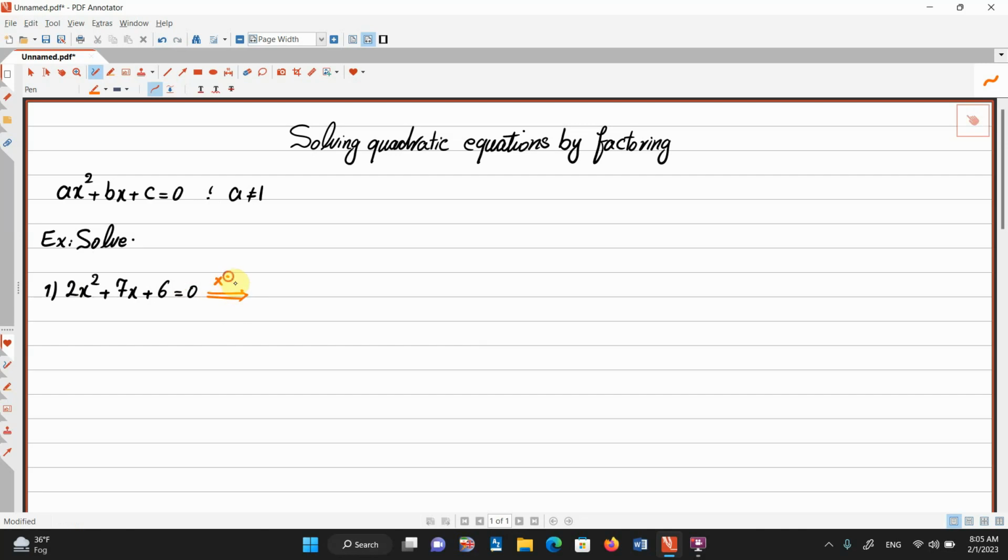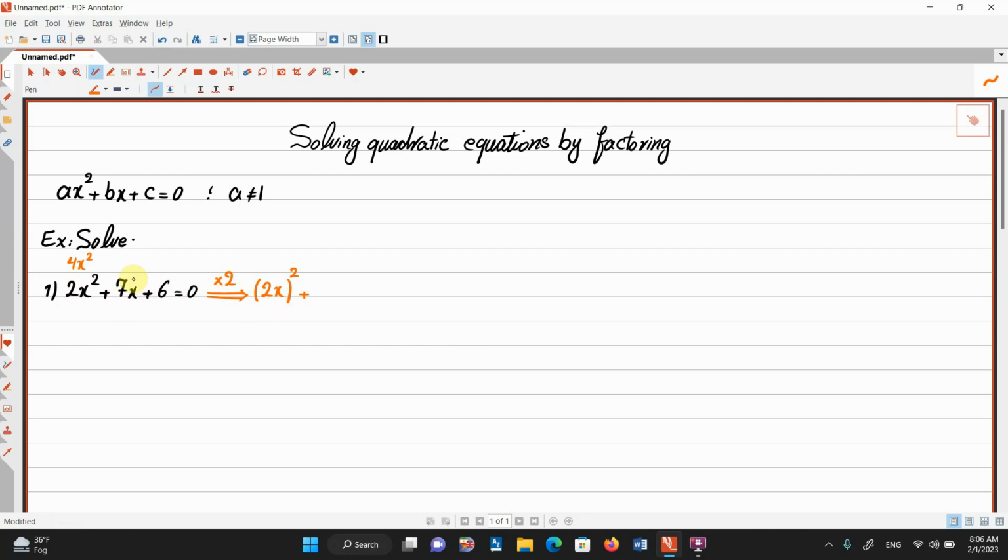I'm going to multiply all terms of this equation by the leading coefficient, I mean 2. If you multiply the first term by the leading coefficient, you get 4x squared. But this 4x squared can be written as 2x whole to the power of 2, plus.